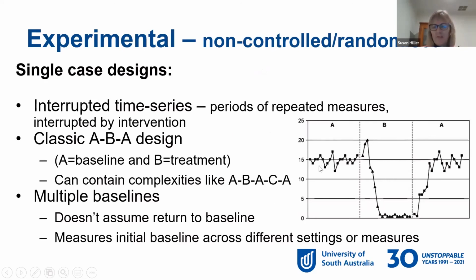You can see in the graph here in the period of A, there is no intervention, and you take a series of measurements over time and establish a baseline of performance for the particular measure. In section B, you've administered the intervention. You continue to take repeated measures over time, and then you cease the intervention and notice the change in the group on the same measures that are repeated over time.